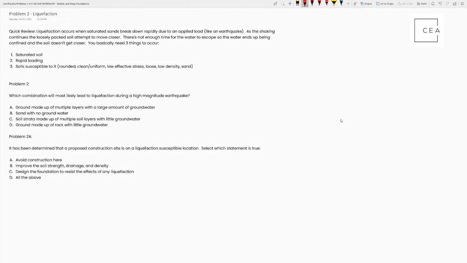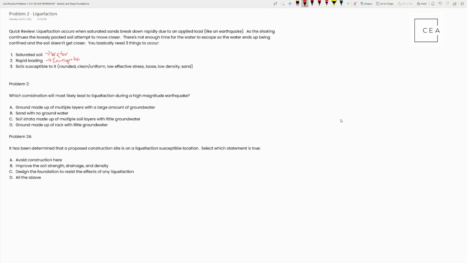There's not enough time for the water to escape, so the water ends up being confined and the soil doesn't get closer. To make this happen, you basically need 3 things to occur. You need a saturated soil, so this means you've got water. Okay? You need rapid loading. You need an earthquake.